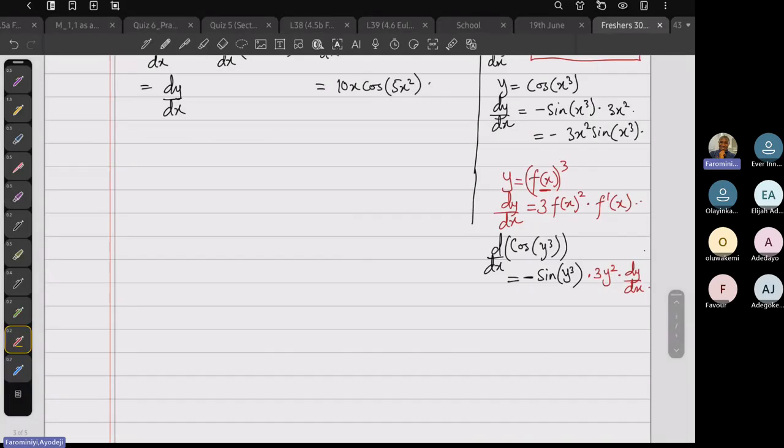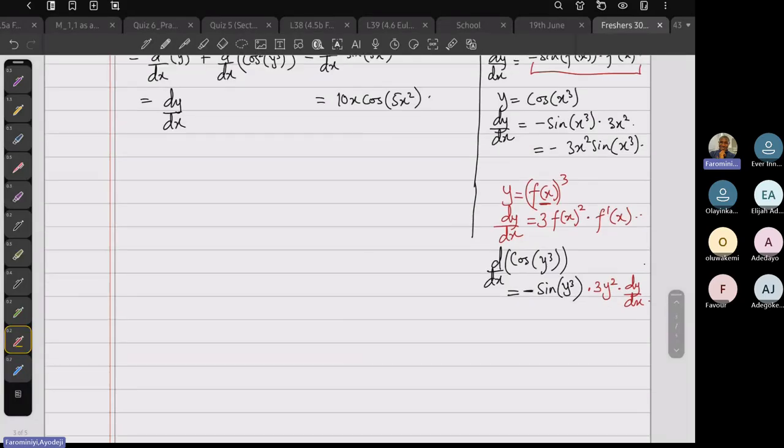Now, the one that we need is cos squared y cubed. This is the one that combines 3 functions. The outer function is the one that looks like x squared, and to differentiate x squared, we know it is 2x. So the outermost function gives 2 times cosine of y cubed.